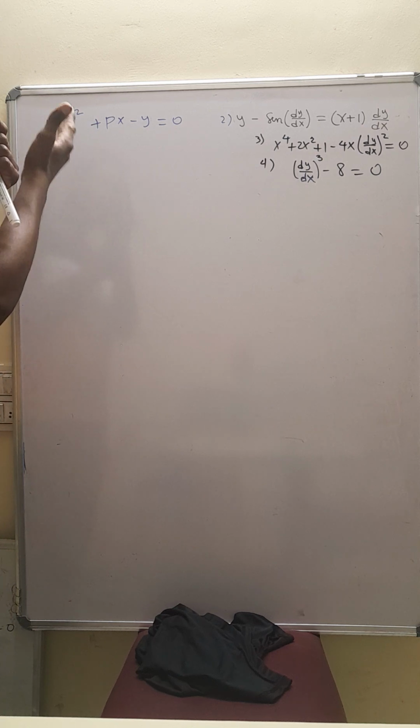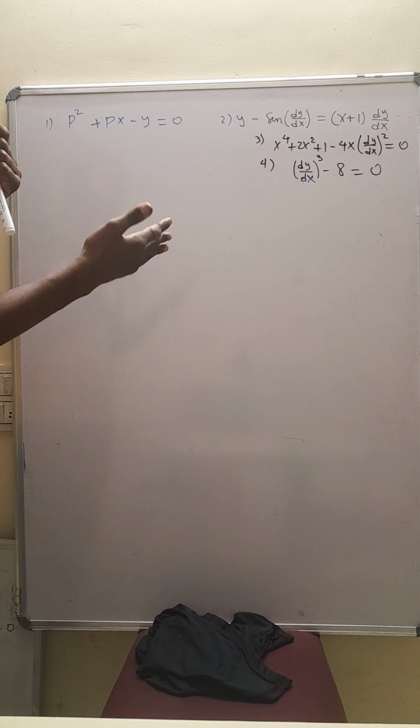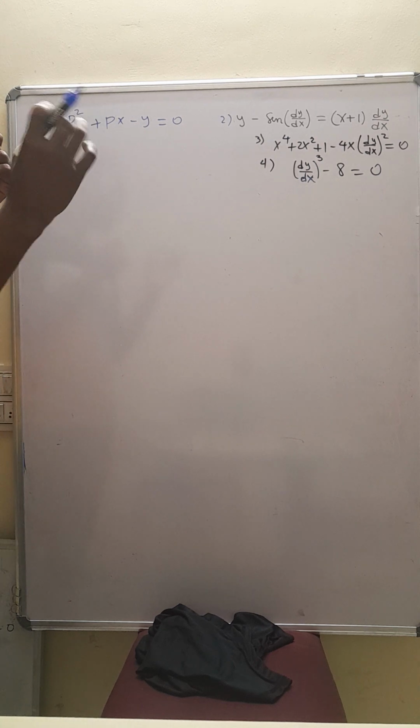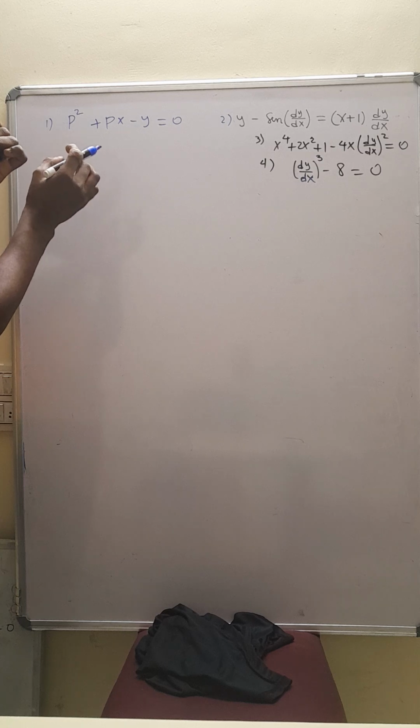Because y here is linear, x is linear, so I can solve by either method. I'm going to solve by x, because I have solved many exercises by y. Now I will solve by x so that you can have a hint on how to solve when you want to solve by x.